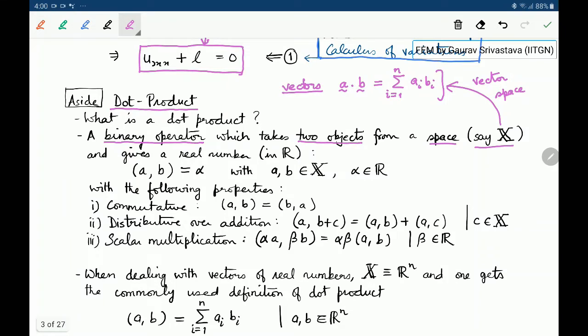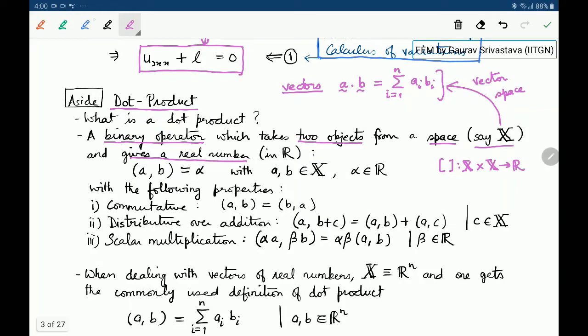And it gives a real number. So basically this is an operator which takes two arguments from a space X and gives a real number. This is the basic definition, and then there are some properties that follow.